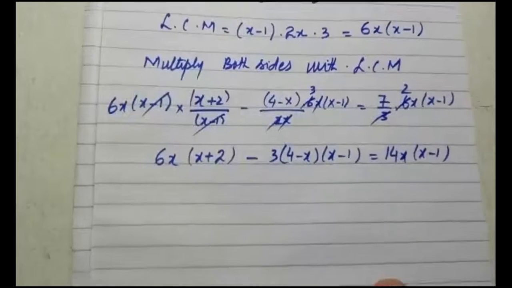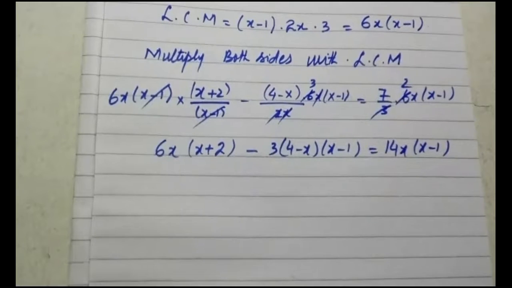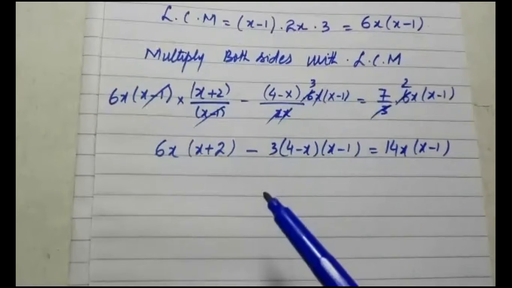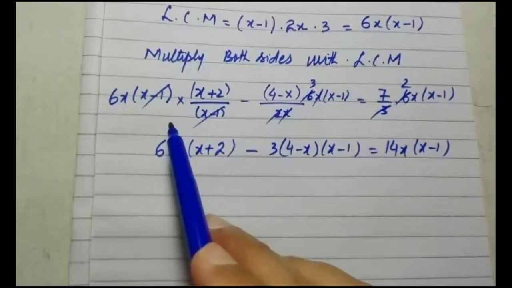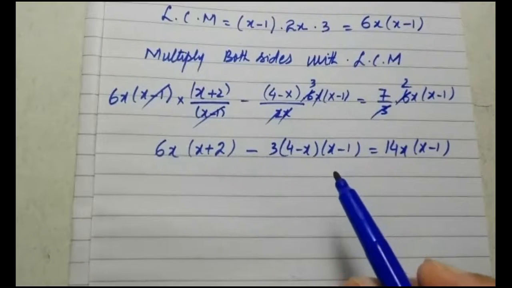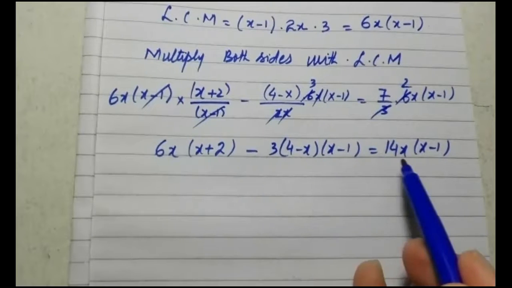This is the point I want to tell you: I want to remove the fraction signs or the denominators. How have we done it? We multiplied every term with the LCM. Once you multiply every term with the LCM, the fractions will be eliminated, and you can see that the question becomes almost a straight line.